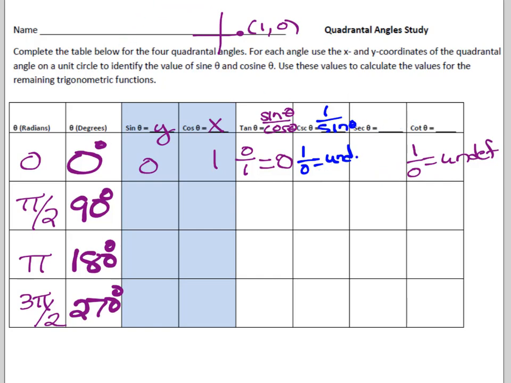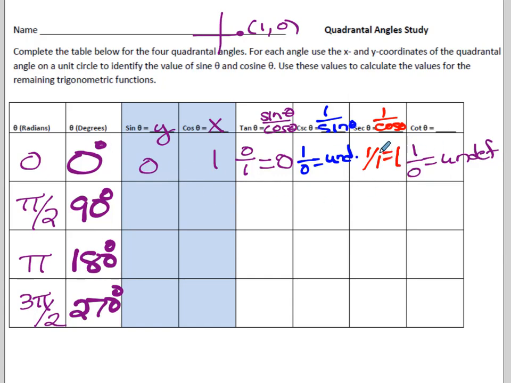Secant of theta is 1 over cosine theta. And all of this goes back to what we learned in the first 3 sections. So if we have secant theta equals 1 over cosine theta, we know for 0, cosine theta is equal to 1. And so that gives us 1 over 1, which of course is equal to 1.